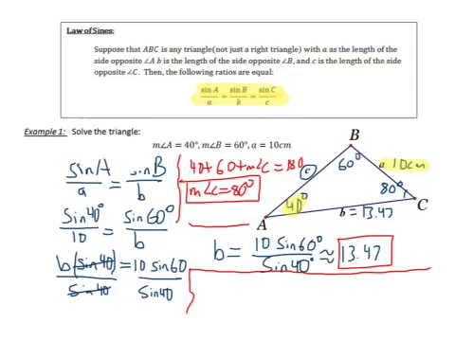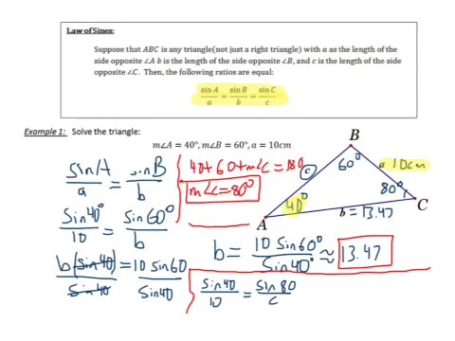So let's use those because we know those for sure. And so we're going to have the sine of 40 over its opposite side is equal to the sine of 80 now over c.